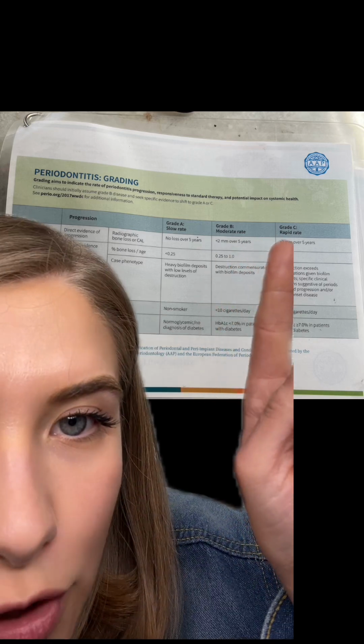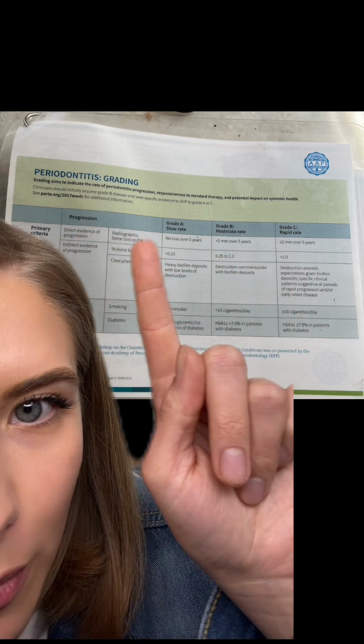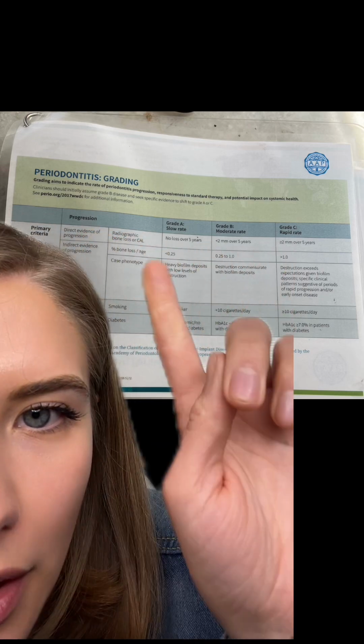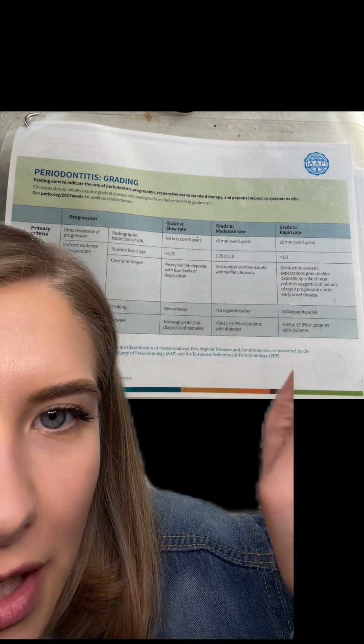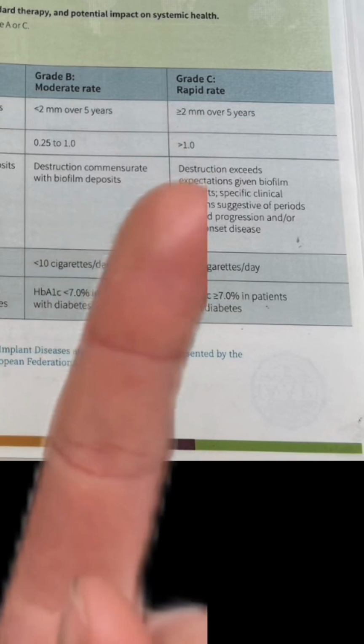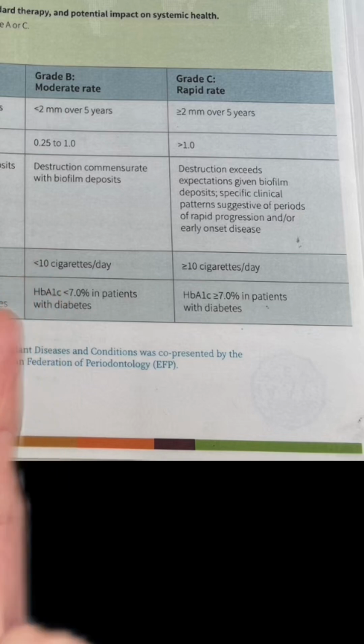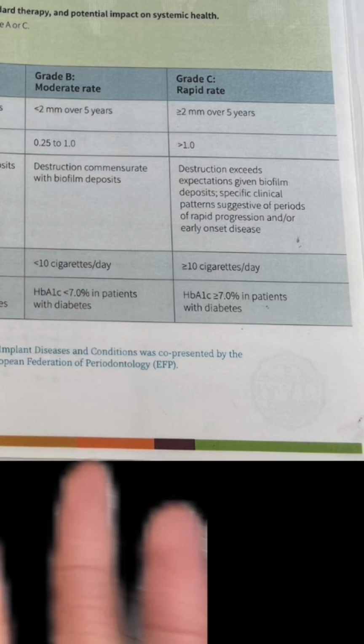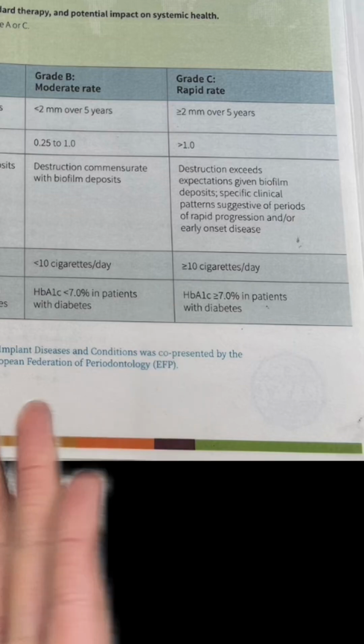Grade C, they have more than 2 millimeters of radiographic bone loss, or CAL. Their bone loss divided by age percentage is greater than 1. Destruction exceeds expectations given biofilm deposits. Specific clinical patterns suggest periods of rapid progression and early onset disease.